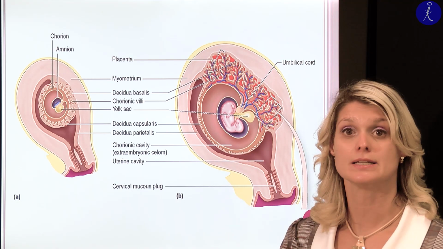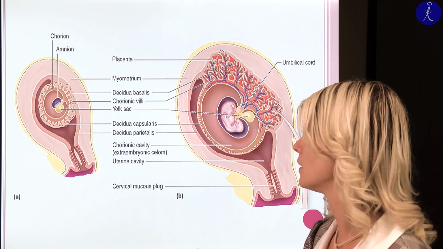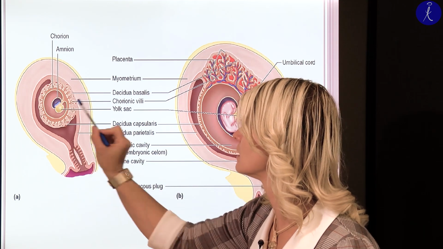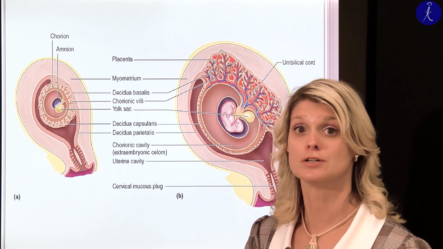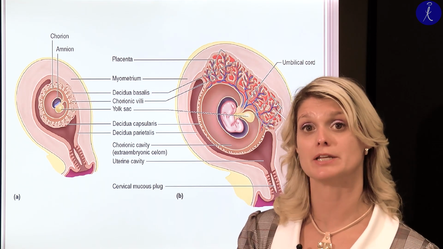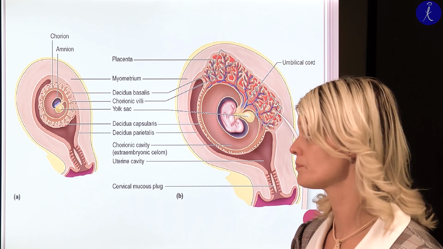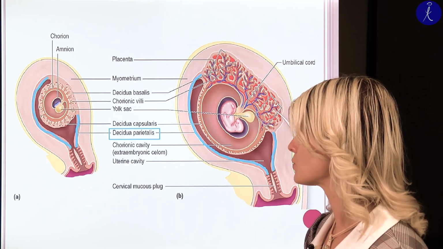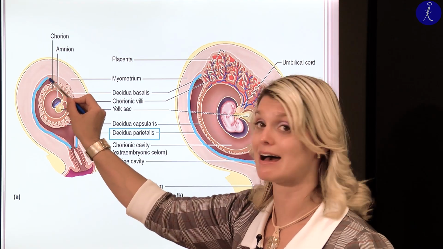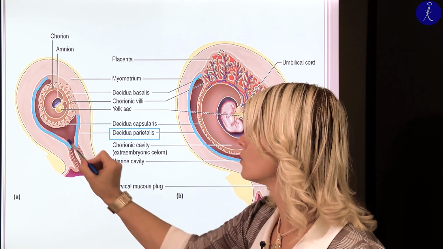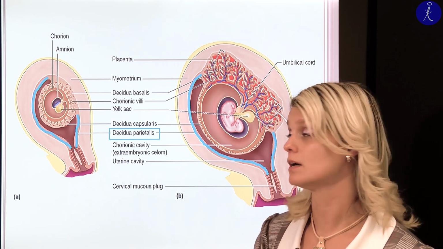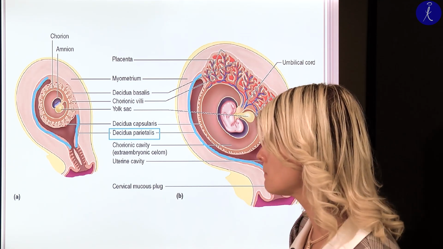Here you can see the schematic picture of the implanted embryo. This picture can show you what are the main parts of the decidua. We can talk about decidua parietalis, which is located there on the surface, on the lumen of the uterus cavity.